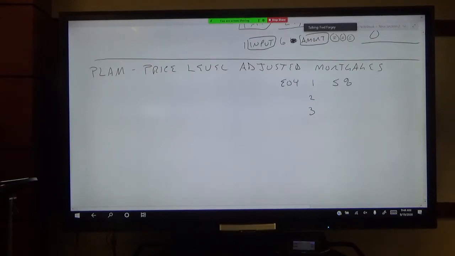At the end of year one, the balance gets increased 5%. Maybe at the end of year two, it goes to 3% upward. End of year three, let's say 6%.